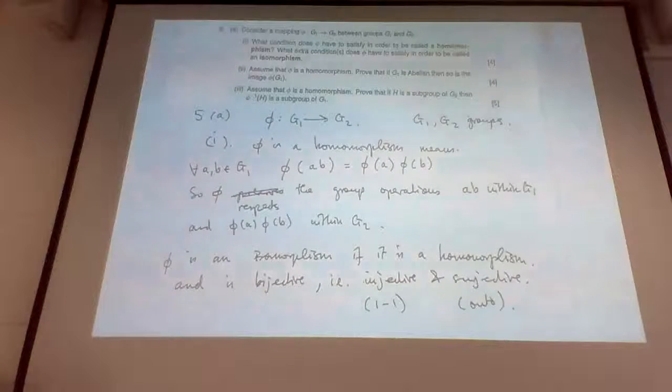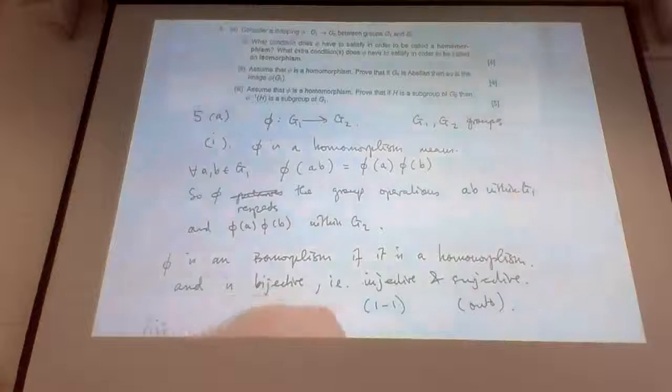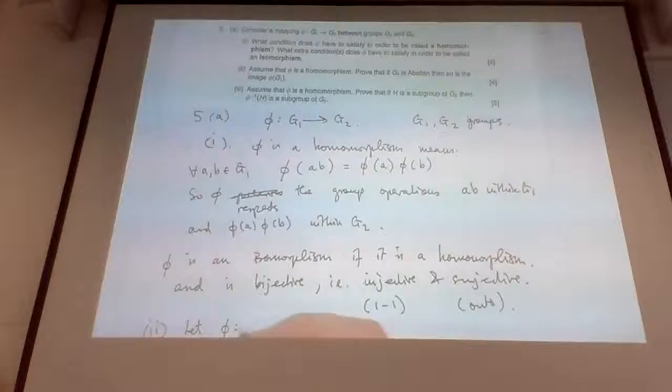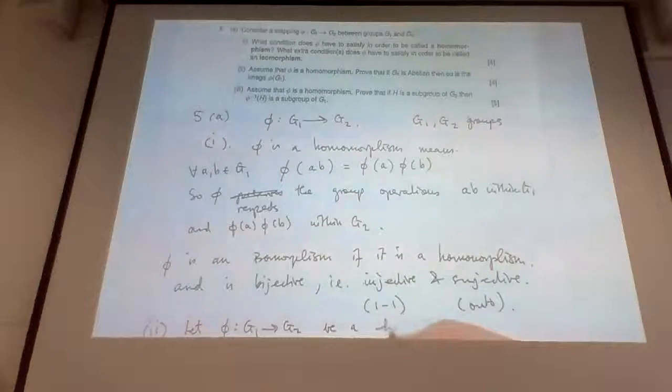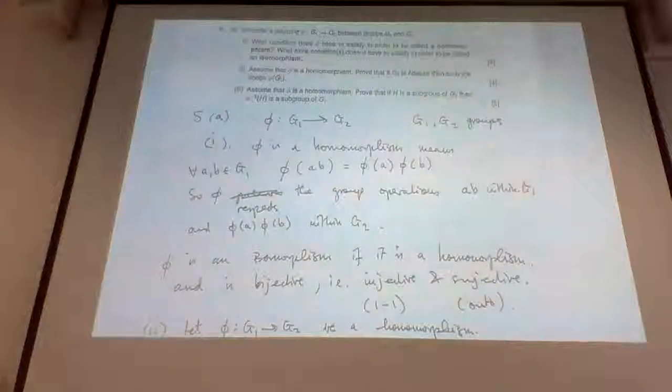If we assume phi is a homomorphism, so let phi from G1 to G2 be a homomorphism. Prove that if G1 is abelian, then so is the image phi of G1.